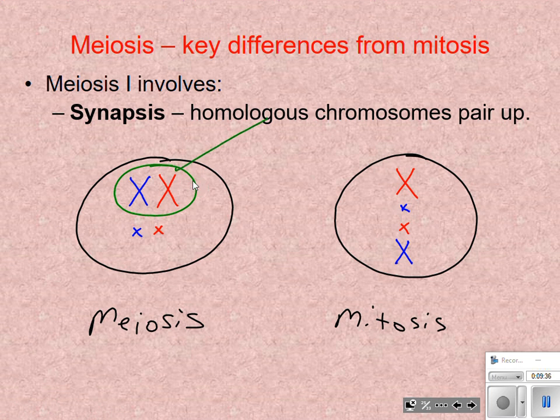These are the homologous chromosomes. The homologous chromosomes are matched up, not just the sister chromatids as we do in mitosis.